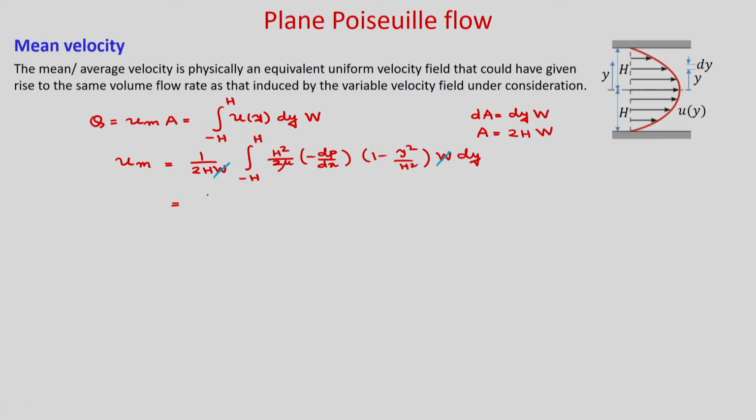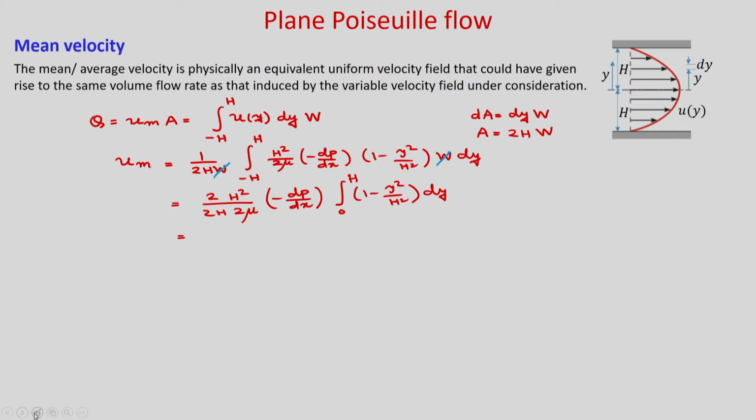So, 2 you can take it outside, there will be h square by twice mu, which is constant, okay, twice mu will be constant, and minus dp by dx is also constant. So, we will have 0 to h of 1 minus y square by h square into dy. So, you can see that we have written this integral from minus h to h as 0 to h, and these two we have multiplied.